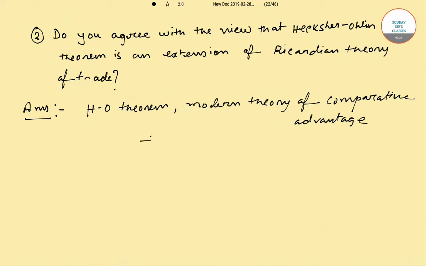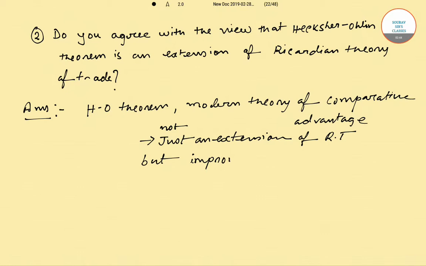It is not just an extension of Ricardian theory, but it is an improved version of Ricardian theory.